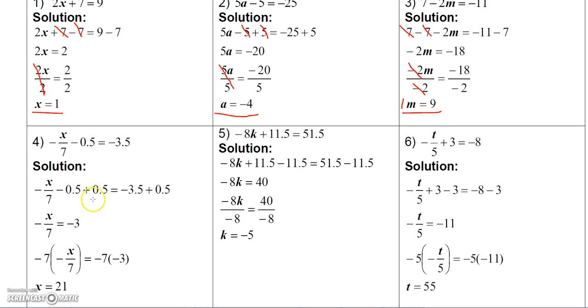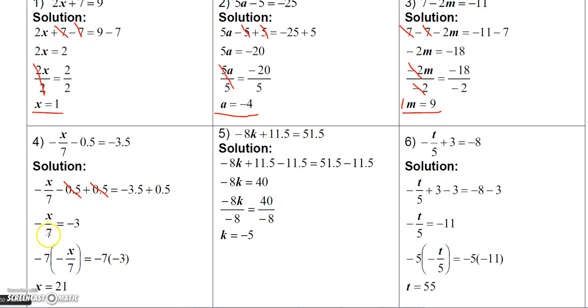So if I add 0.5 to this side, the negative 0.5 and the 0.5 cancel. And then on the right hand side, I'll have negative 3.5 plus 0.5. Well, that's going to be negative 3, so that'll give me negative 3 on the right. And so now I'll have negative x over 7 equals negative 3.